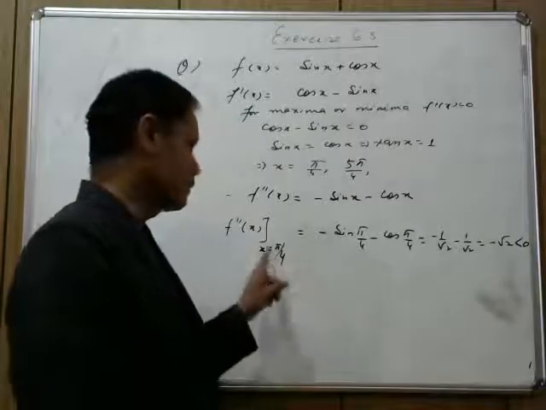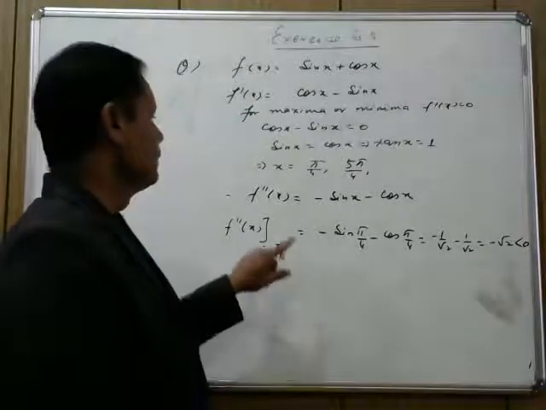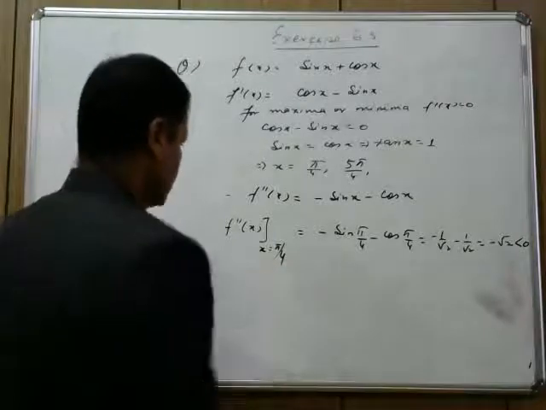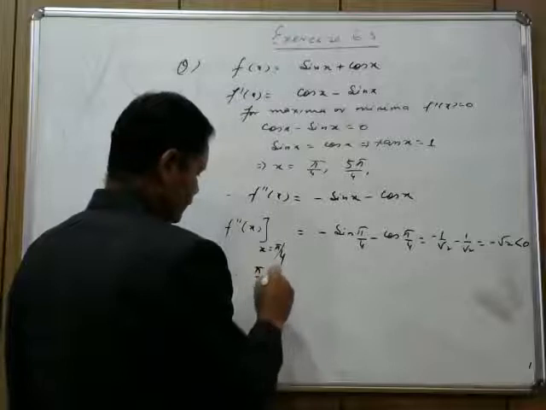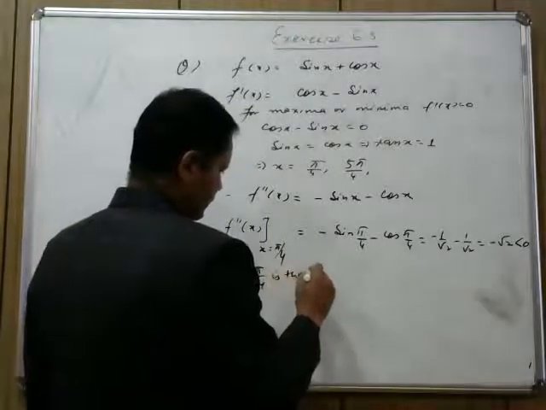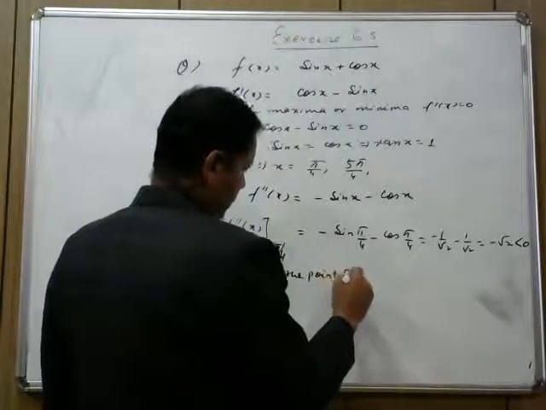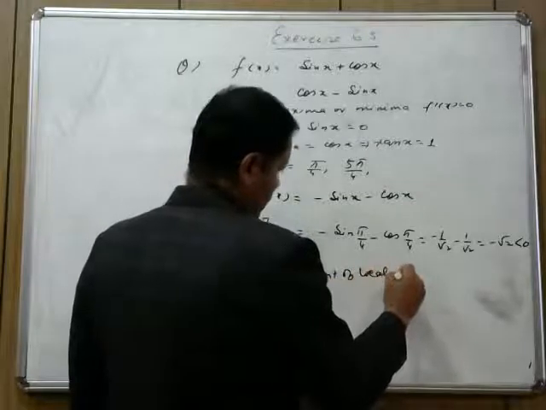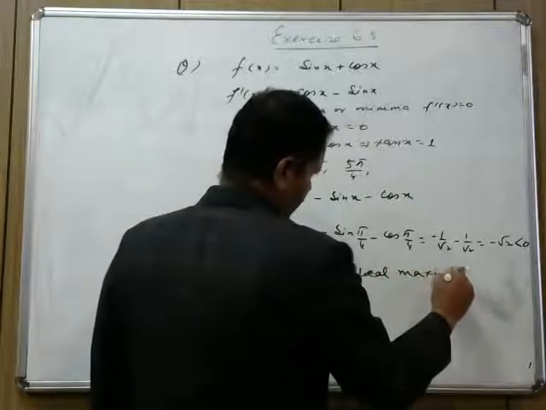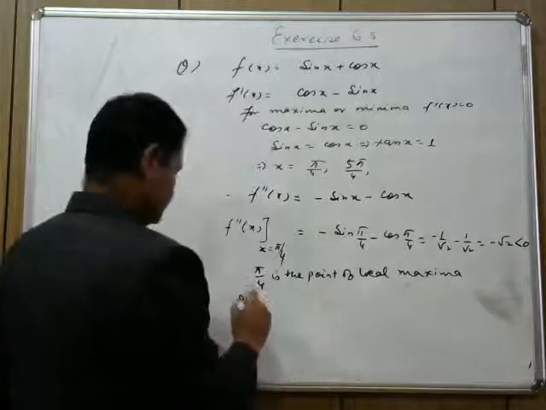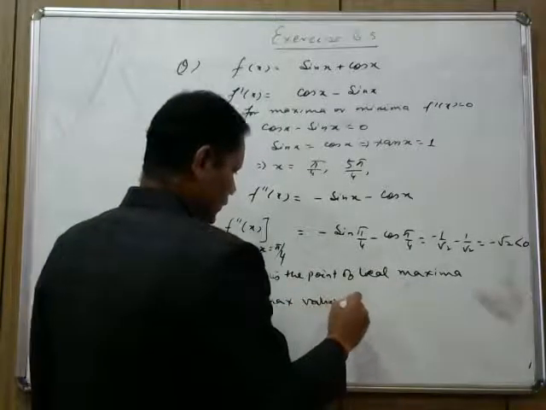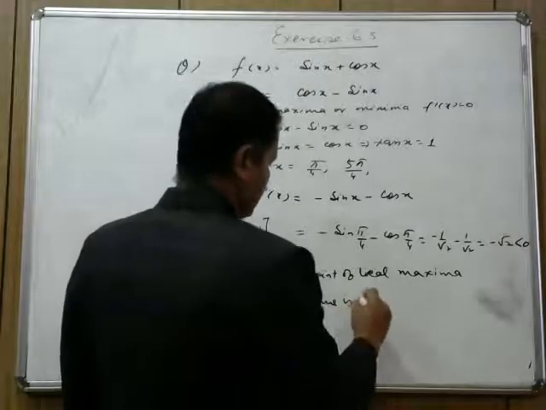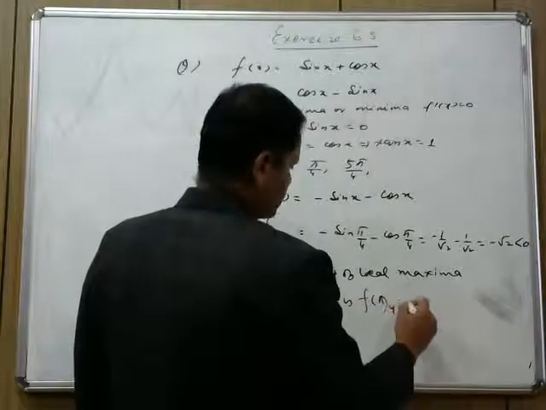That means pi by 4 is the point of local maxima and its maximum value is f of pi by 4.